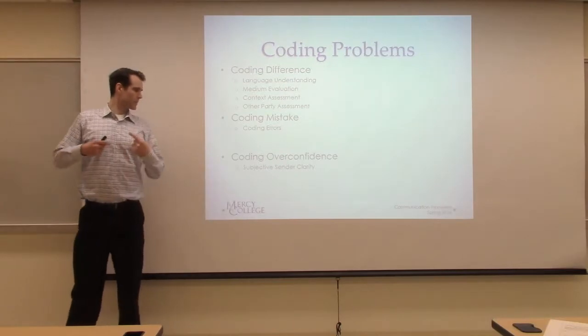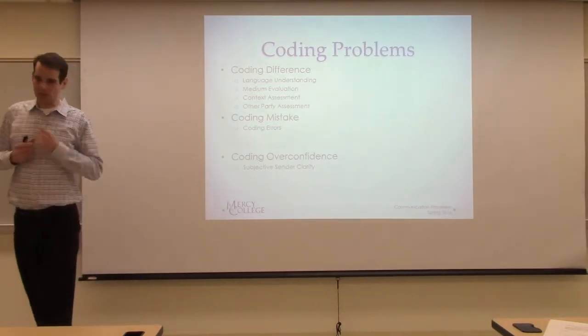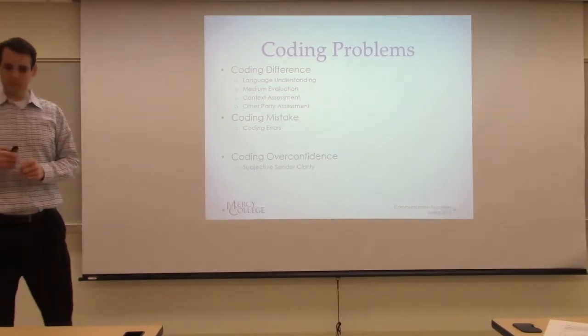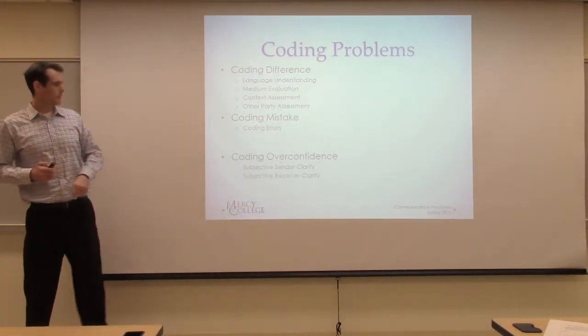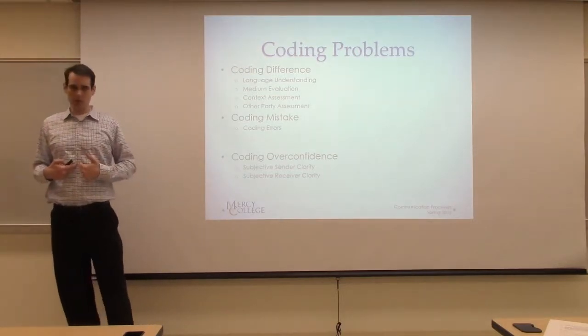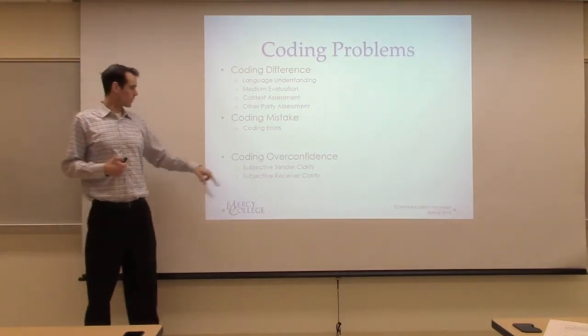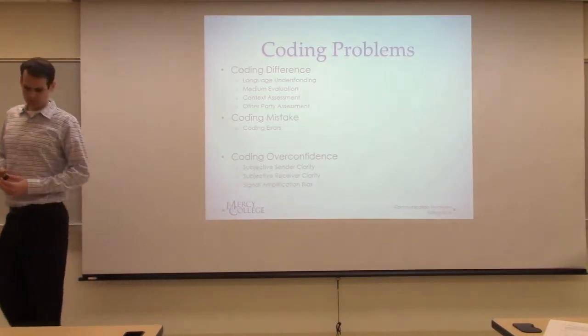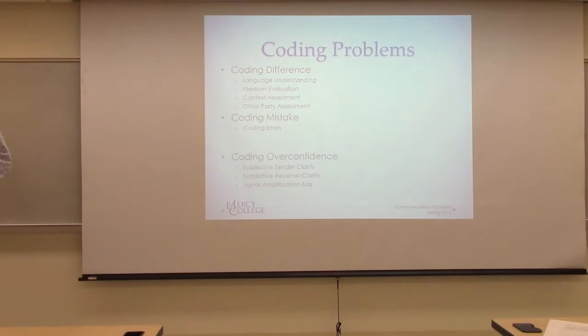We talked about the subjective sender clarity. So I'm the sender of this message. Subjectively, I think my message is clear. Similarly, the receiver subjectively thinks their interpretation of the message is clear. And with coding overconfidence, there's this phenomenon we'll talk about briefly called signal amplification bias.